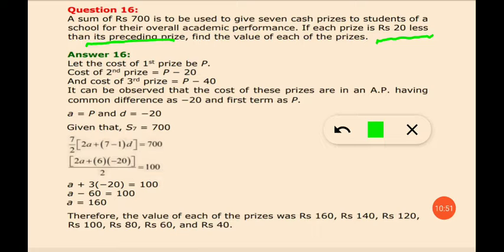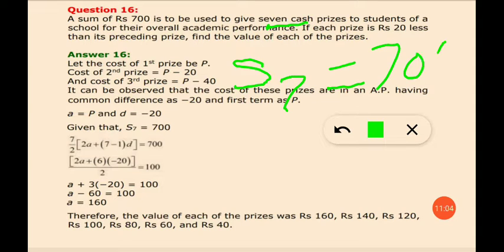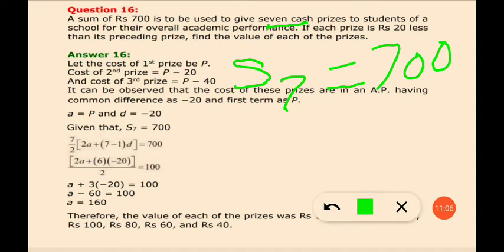We don't know the value of all the prizes, but we know the total sum, which means S, and how many prizes there are: 7. So S7 is equal to 700, and we know that n is equal to 7.